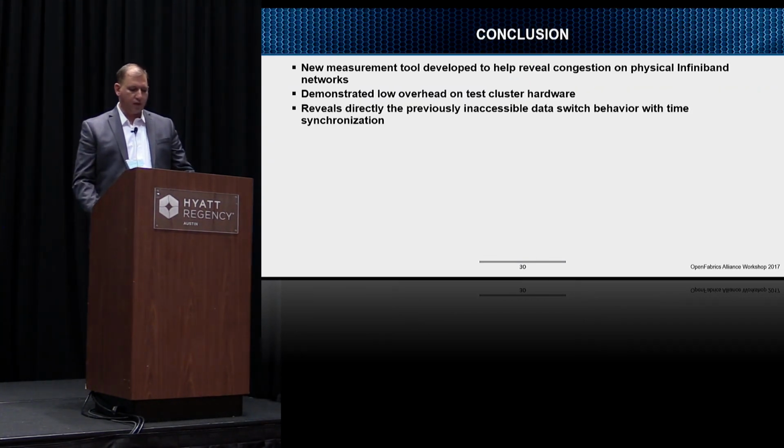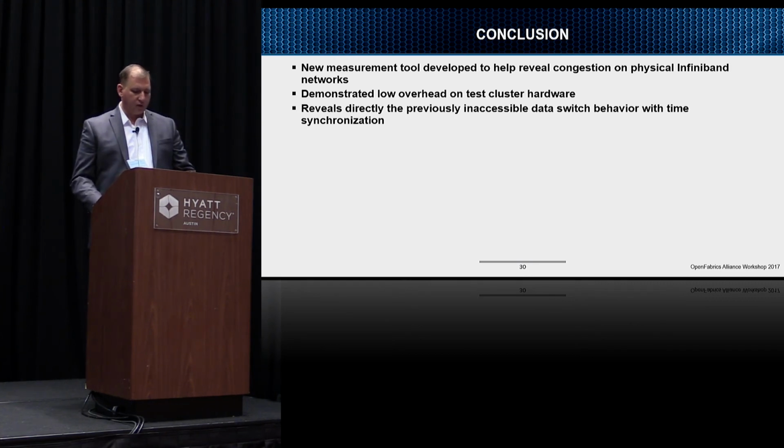So we do have a new measurement tool that helps us reveal congestion on InfiniBand networks and demonstrates low overhead. We know that now. Further testing will prove it again, but we've already run LDMS on very large systems, so we're not expecting anything.